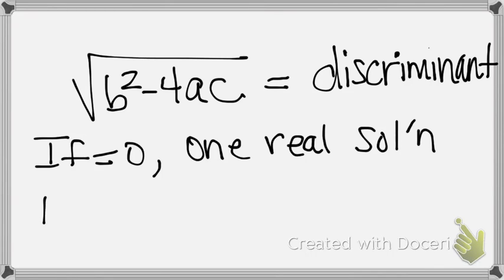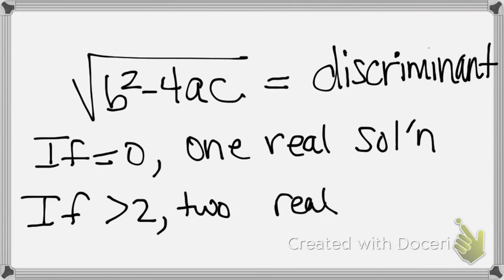If that is greater than 0, you have two real solutions, and that was the first example we did. It was square root of 33, is that right? Which is a positive number, and we had two solutions. Okay?